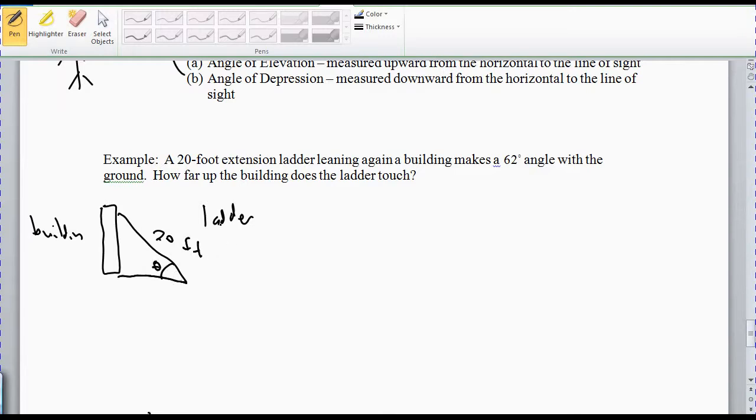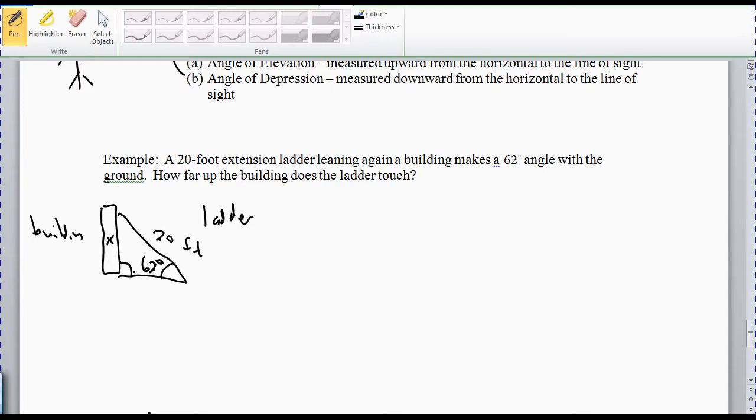How far up the building does the ladder touch? So we want to know x. And our angle, we're told, is 62 degrees. So let's look at what we have here. We're given an angle of 62 degrees, and we're given this side of the triangle and this side.